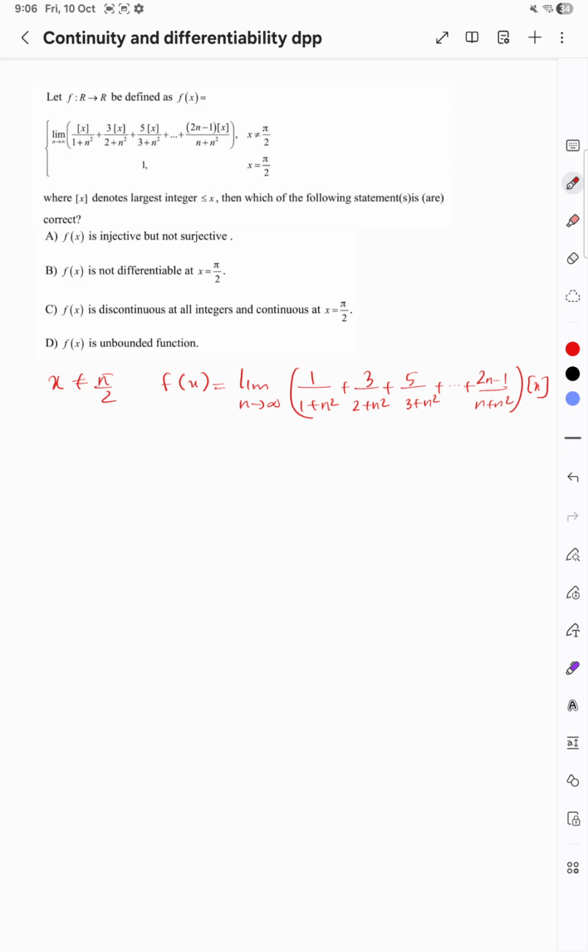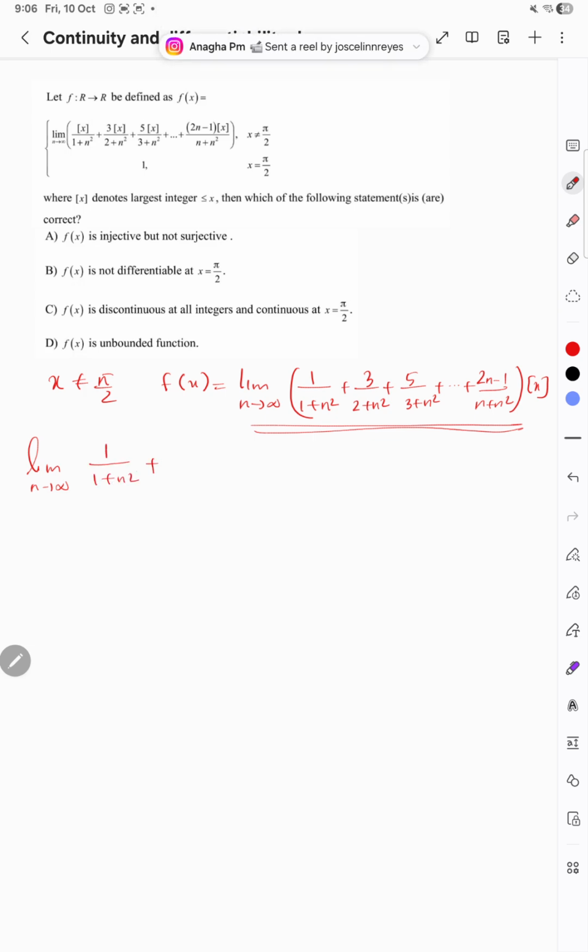Now what we are going to do is find this limit. What is this limit? The limit as n tends to infinity of 1 by 1 plus n square, plus 3 by 2 plus n square, plus 5 by 3 plus n square, plus etc., plus 2n minus 1 by n plus n square.